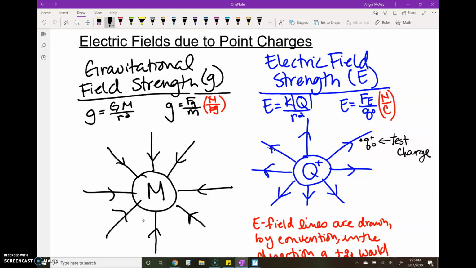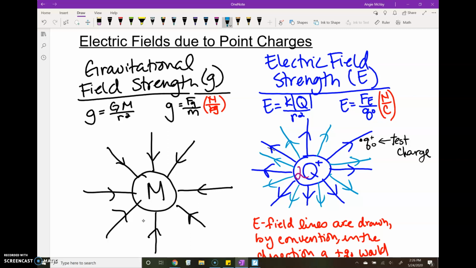We could also say, what if we doubled this charge? How would we change the electric field lines there? Well, if we doubled the charge, we'd have to double the number of electric field lines. And again, a little bit of effort is made to make those electric field lines fairly uniform.